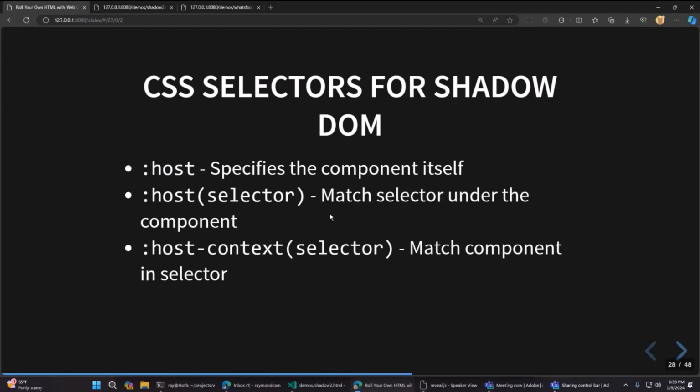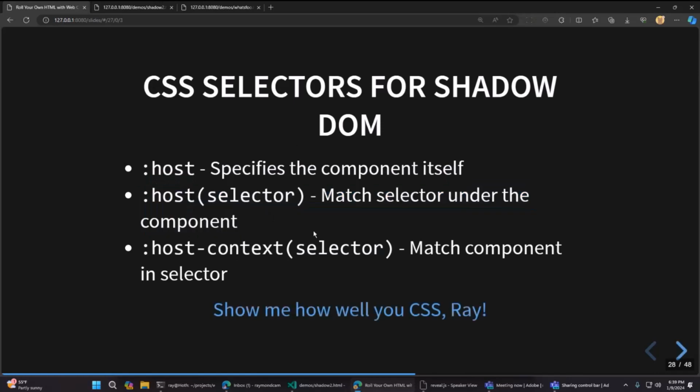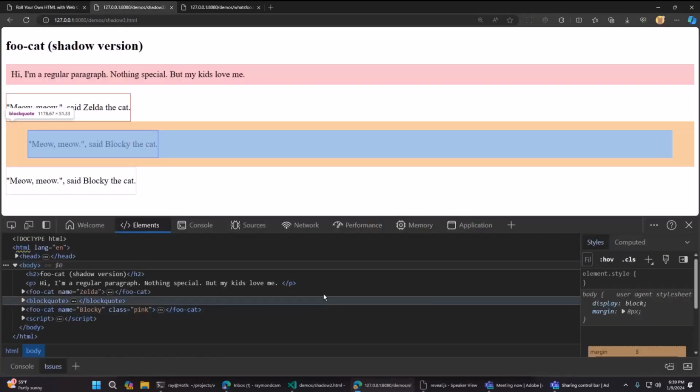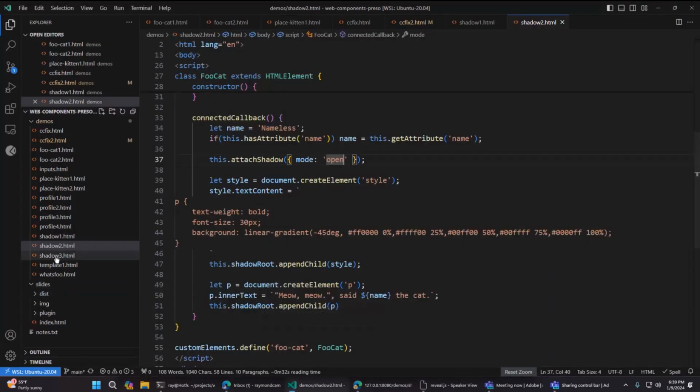I could also say match a foocat that is only within a selector, or one that has an item beneath it. I apologize, that was very vague. This one did not make a lot of sense to me, but I did try to build a good demo for this. Let me show you the code.